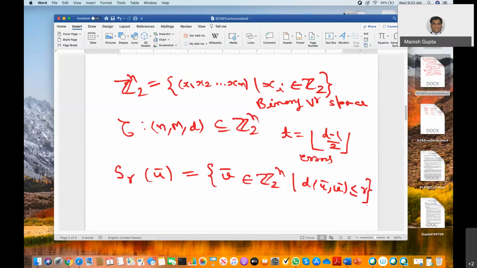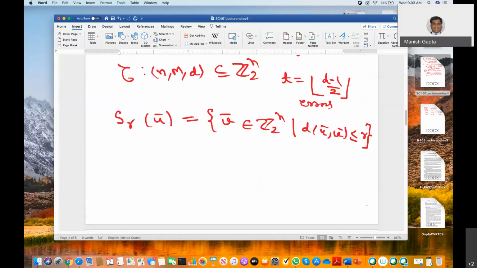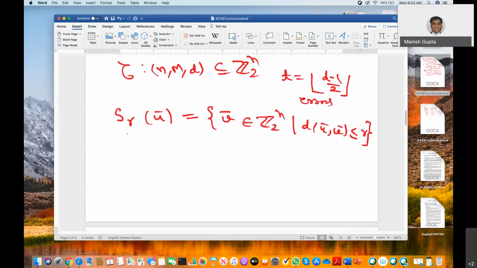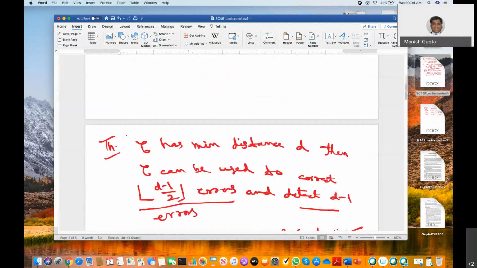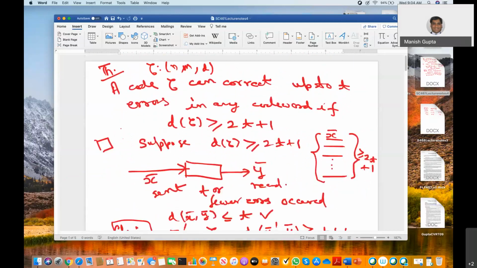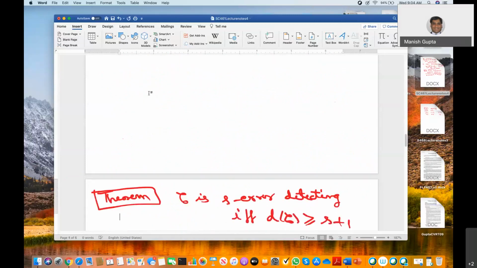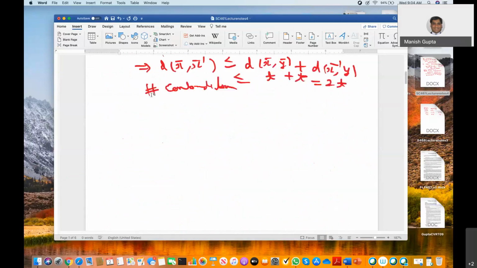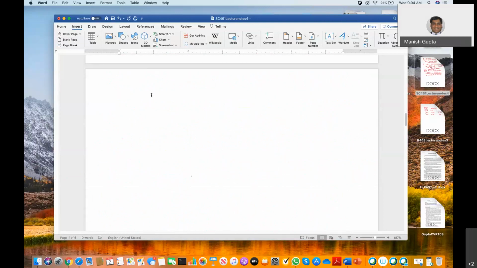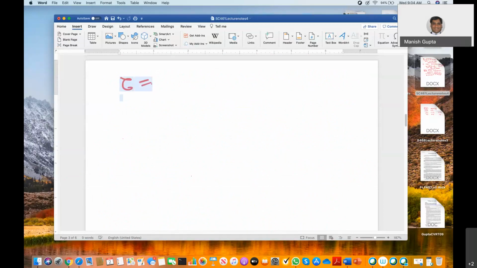Let me take an example and see what these spheres are. Suppose C is the code {000, 111}.